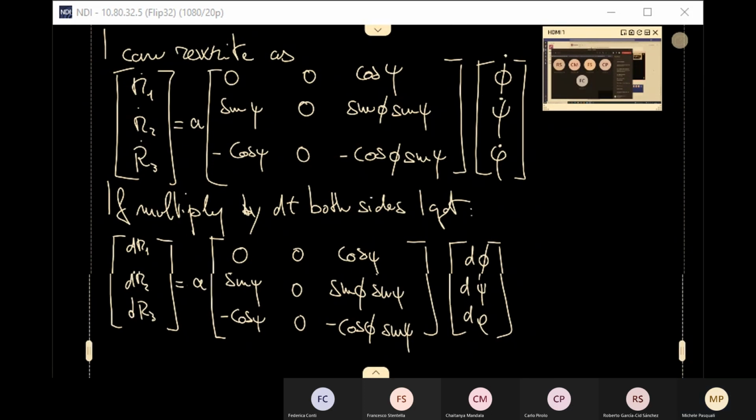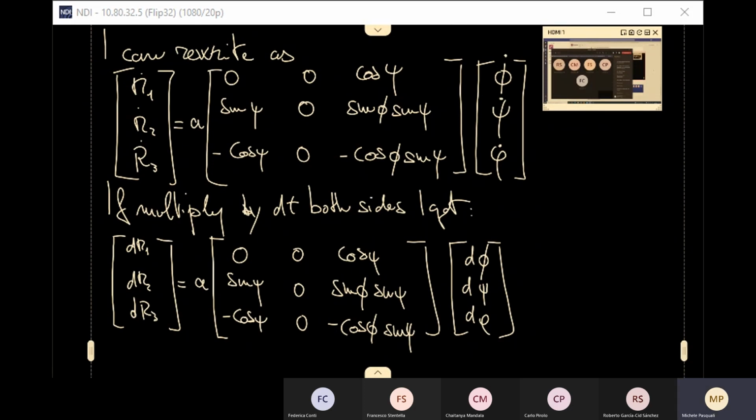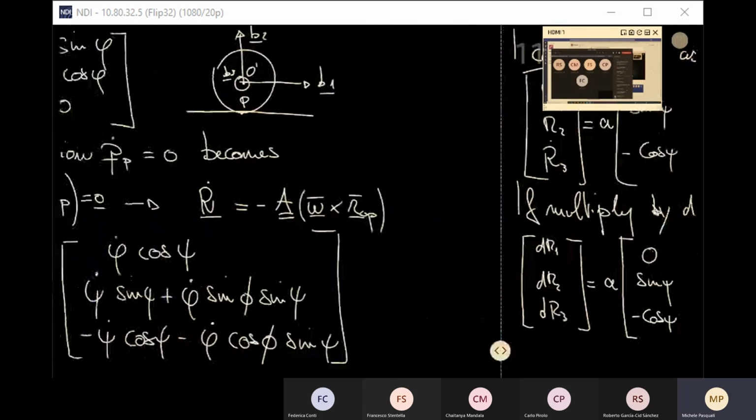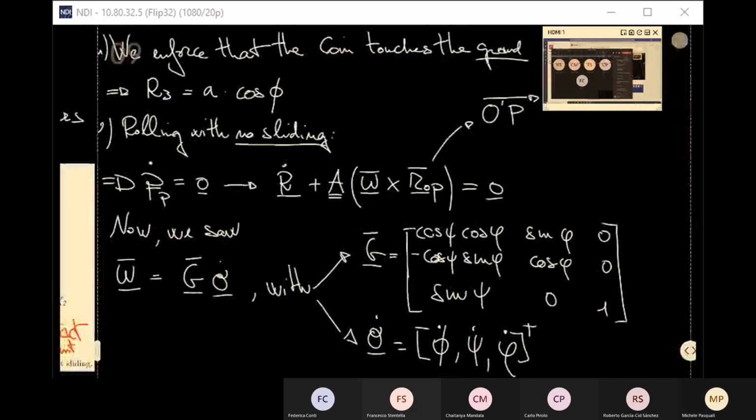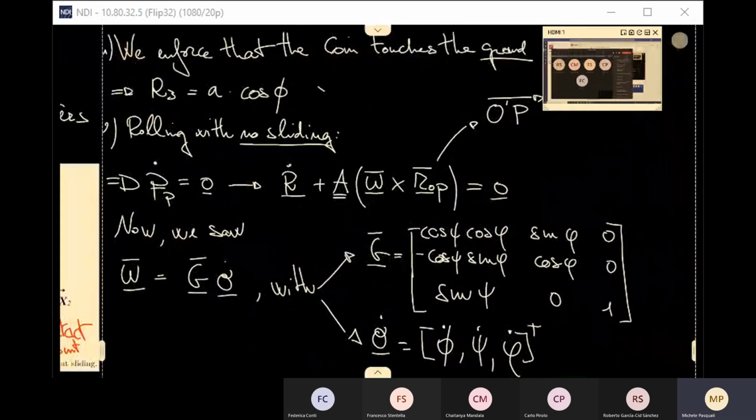So you see I'm imposing a condition on the variation, while if you look at the very first one that we imposed, the one where we said that the coin has to be in contact with the floor, we directly conditioned the values of the variables. So here, phi directly was related to R3.